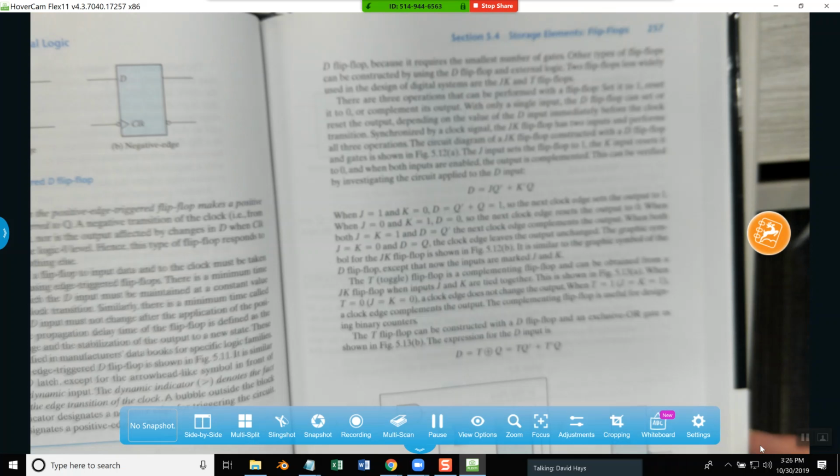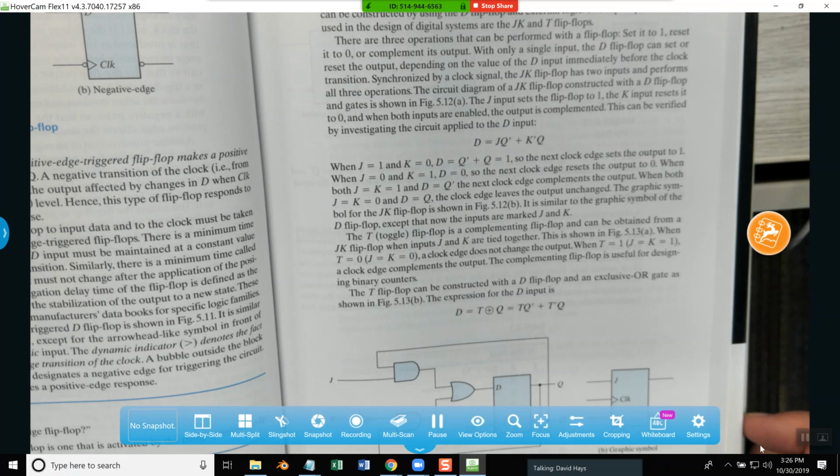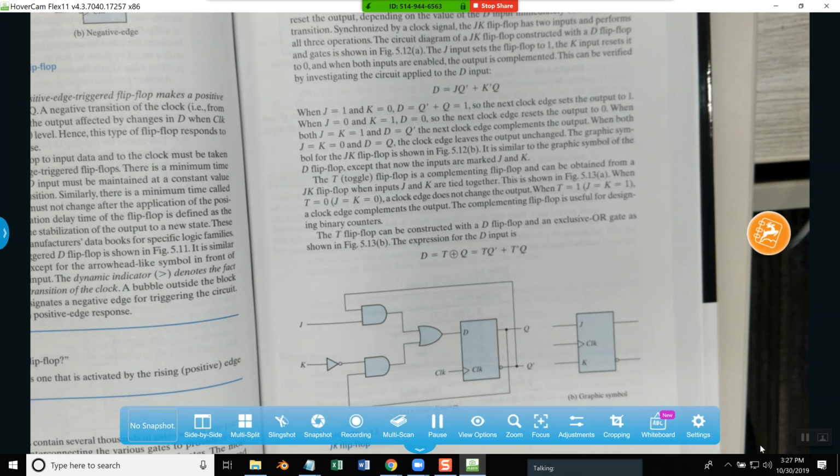And then K prime and Q. Well, K prime comes from the inverter here, and Q comes from over here. So K prime and Q is that part. And then the plus in between them is our OR right here. And that's what dictates what D is.